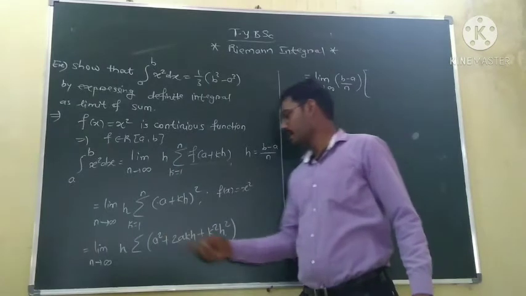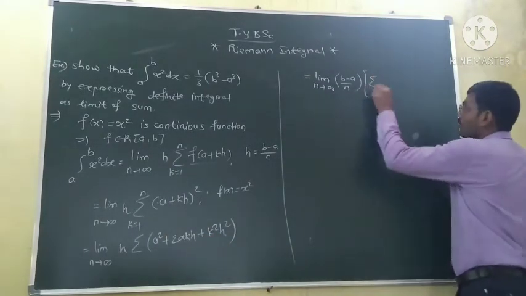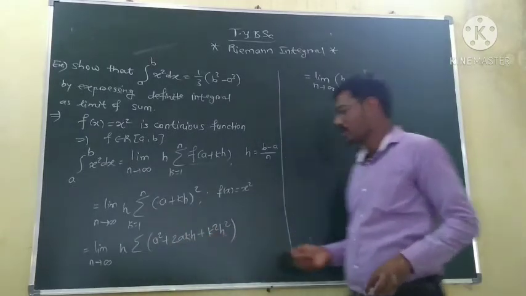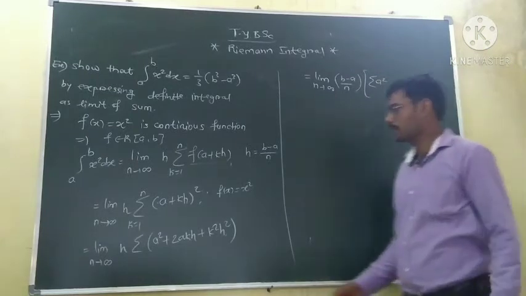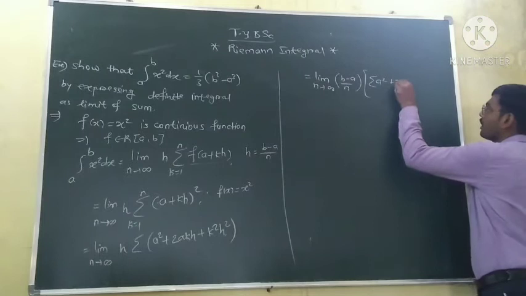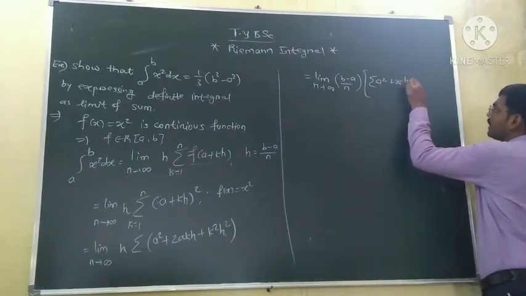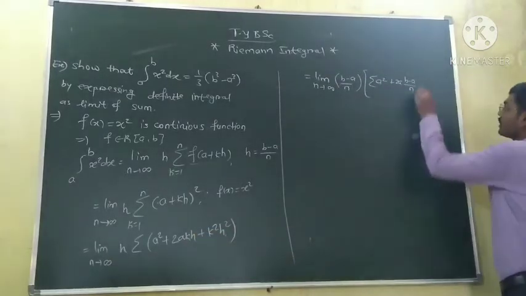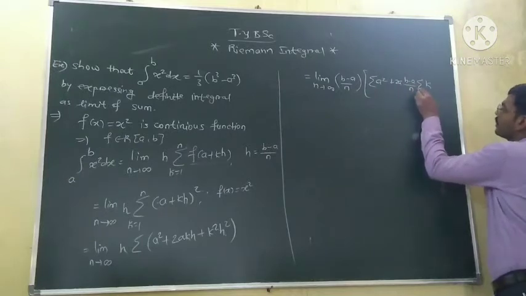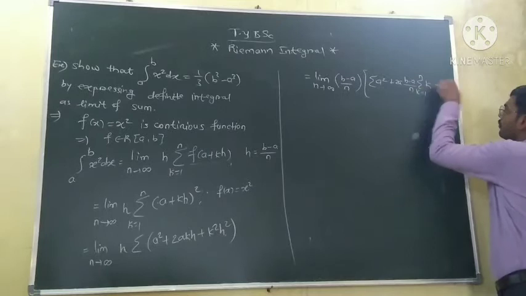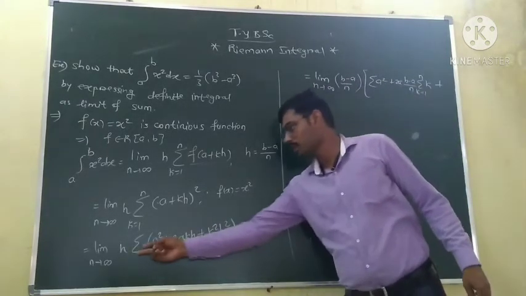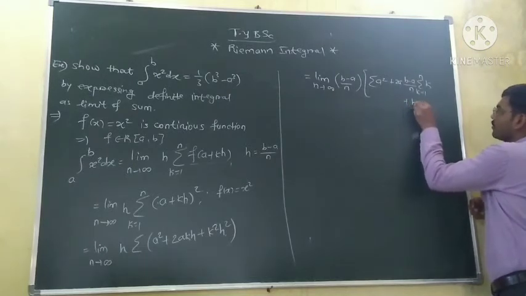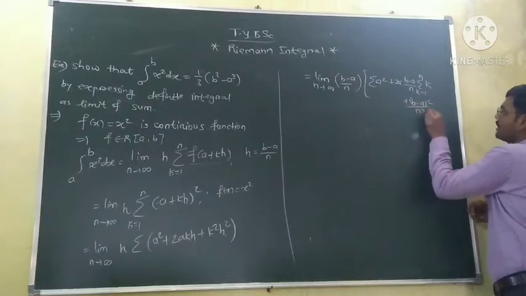Since the summation is over a sum of three terms, we can separate the sum: summation of a square, plus twice a into h, where h is b minus a upon n, into k, so the sum will be on k only, summation of k with k varying from 1 to n. Plus h square, which we can take outside the sum because the sum involves only terms of k, so plus b minus a whole square upon n square into the summation of k square.